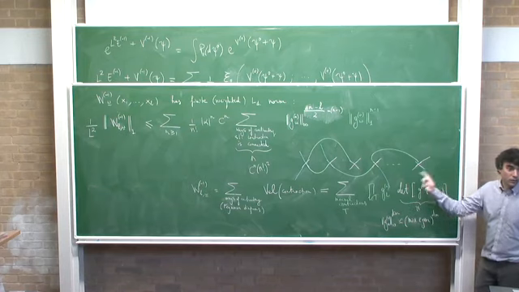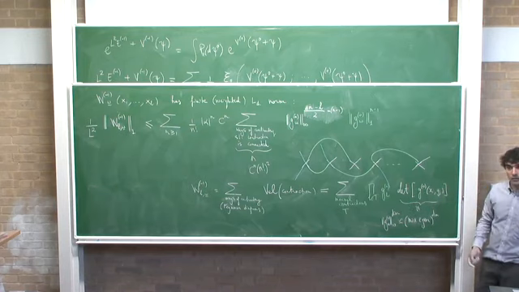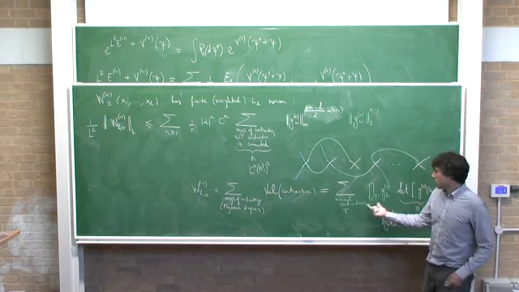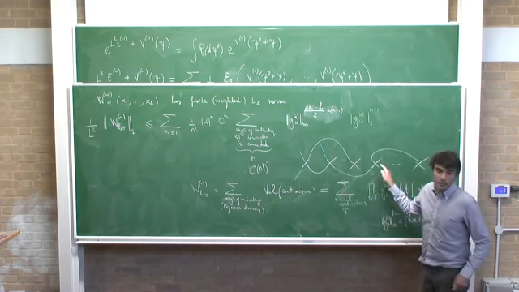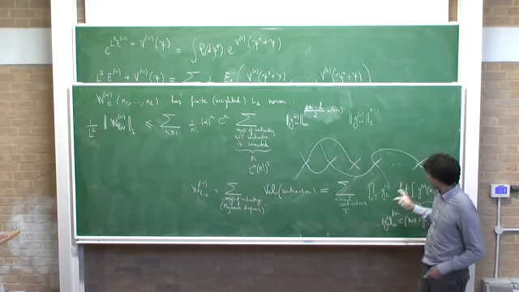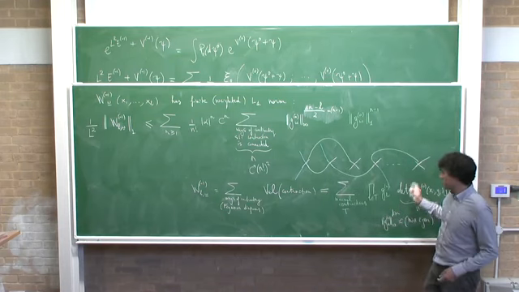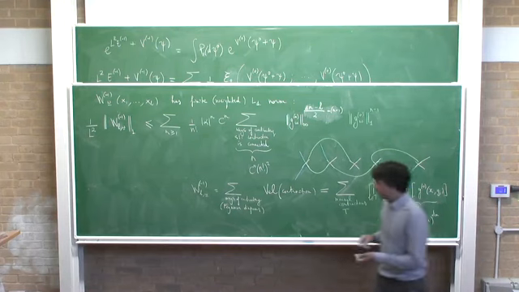You are gaining a factorial because you regroup together all these guys. So the sum over the minimal contractions counts how many trees you can construct, and these are n factorial. And here you get a constant to the n.